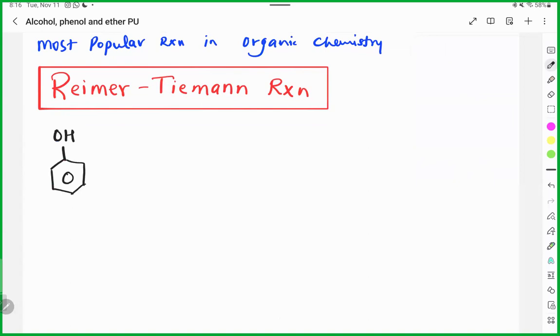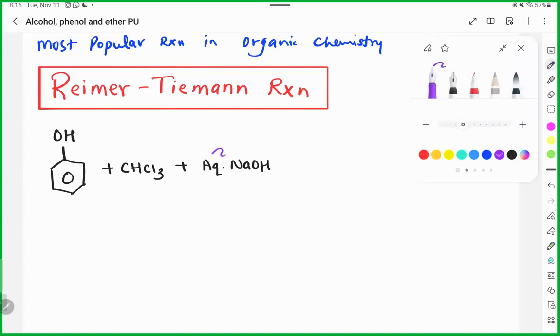Reimer-Tiemann is given in the chemical properties of phenol, so it means phenol is the reactant. Even in Kolbe, phenol is the reactant. It reacts with chloroform and also takes aqueous KOH or NaOH. Remember, if you take aqueous versus alcoholic, it makes a huge difference.